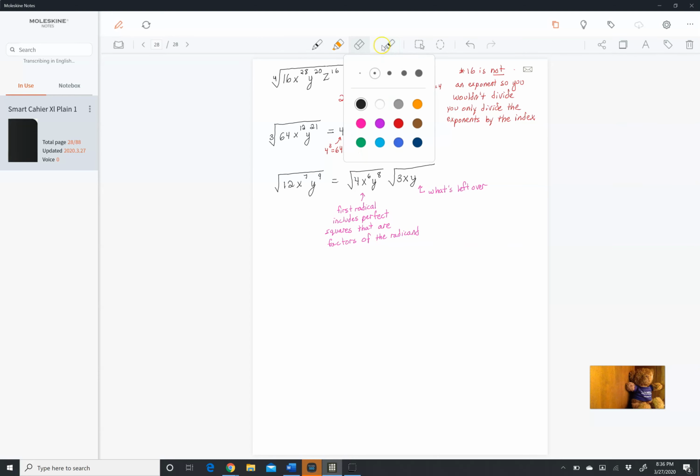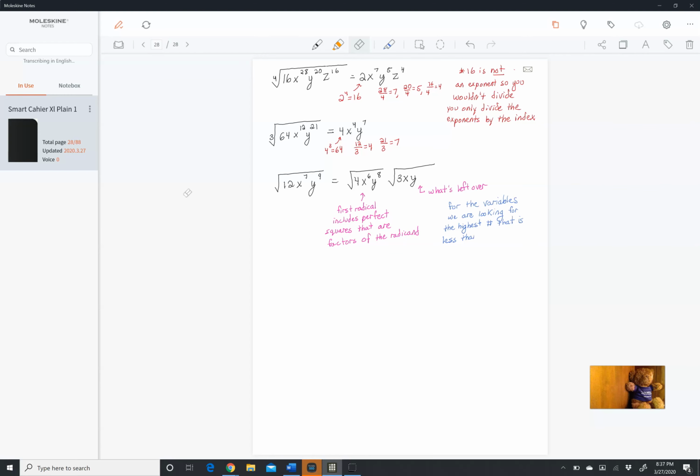Okay, so what we're looking for for the variables, we are looking for the highest number that is less than or equal to.